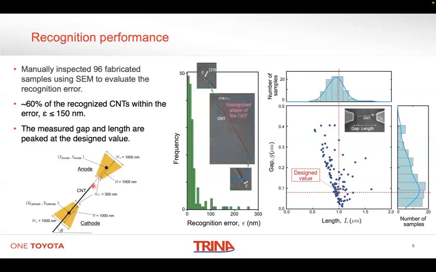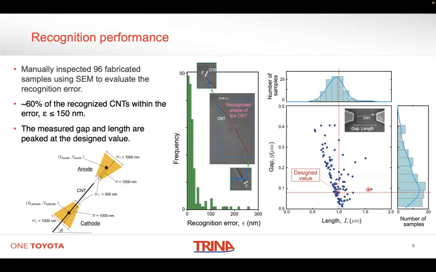If the tip is located within this range, it is very close to the counter electrode, so it's okay to form the cantilever. According to the good performance of the neural network, we can obtain 60% of the recognized CNTs pressed very close to the counter electrode.